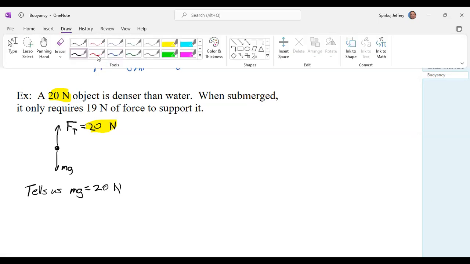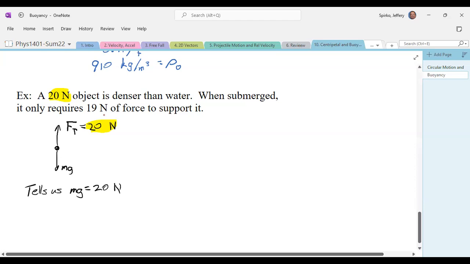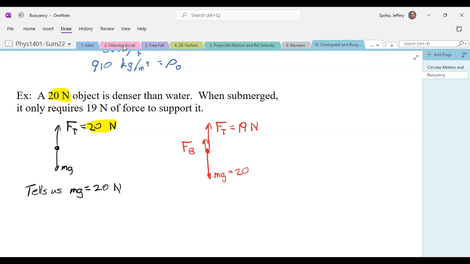The second part, the 19 newtons, is talking about a different experiment. We take this heavy mg equals 20 object and submerge it. Now there is a force of buoyancy, but there is also an upward force, tension, equal to 19 newtons. So we have this 19 Newton force over here.